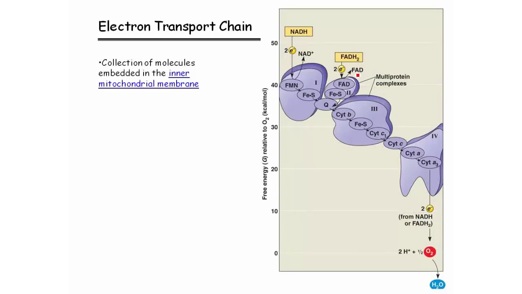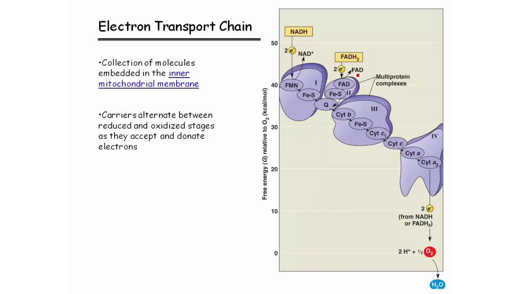So notice that as we go down this electron transport chain, or go from one molecule to the next, it is slightly lower on the diagram. As we pass these electrons down this electron transport chain, each passing step represents a redox reaction. If it is a redox reaction, one molecule is getting oxidized and one molecule is getting reduced.